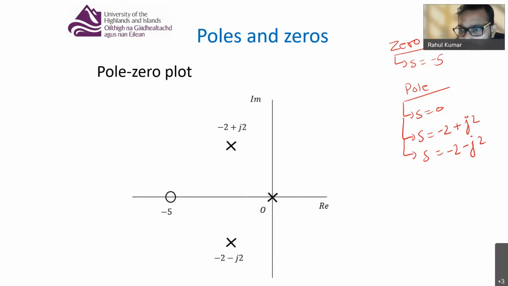Okay, so now we are going to plot these values. So obviously we know the pole-zero plot, where the x-axis is your real axis and the y-axis is the imaginary axis.